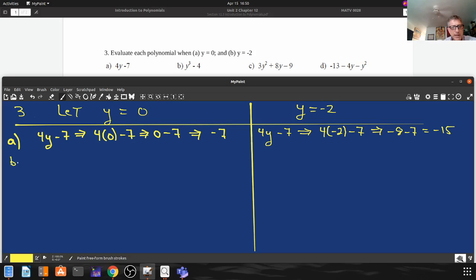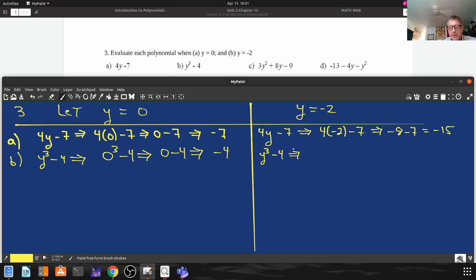So let's do B. y cubed minus 4. Well, let's evaluate it when y is equal to 0. So 0 cubed minus 4 is simply 0 minus 4, which gives me the final value of minus 4. Over here, y cubed minus 4.